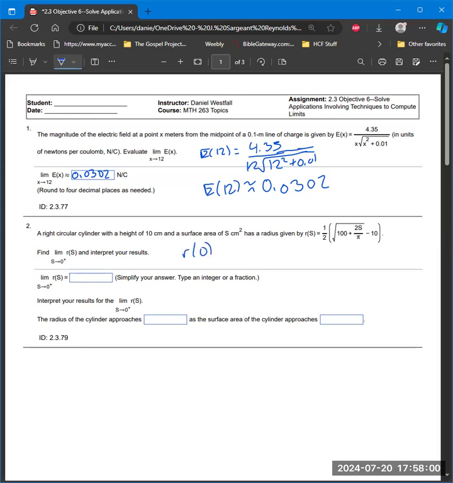R of 0 is equal to 1/2 of the square root of 100 plus 2 times 0 over pi minus 10. 1/2 of the square root of 100 minus 10 is 1/2 of 10 minus 10, is 1/2 of 0, is 0.